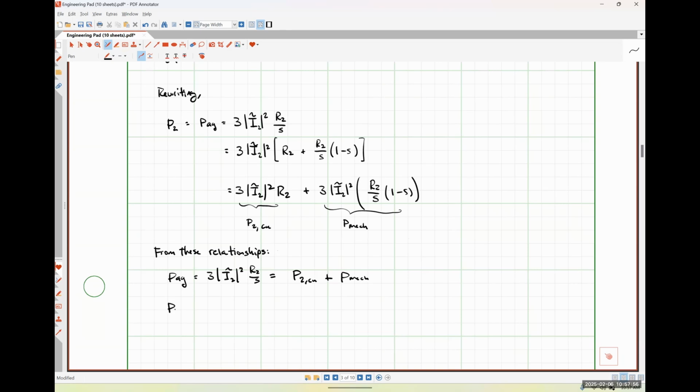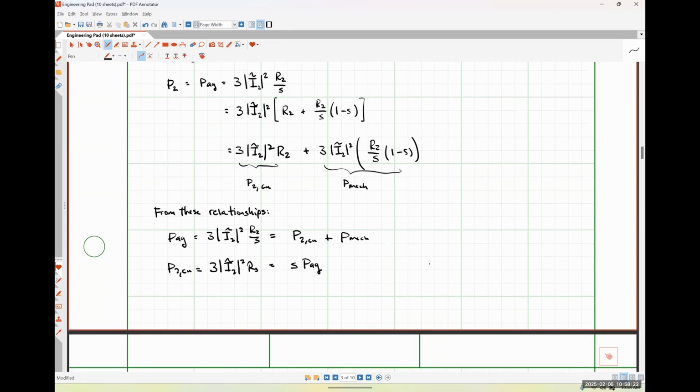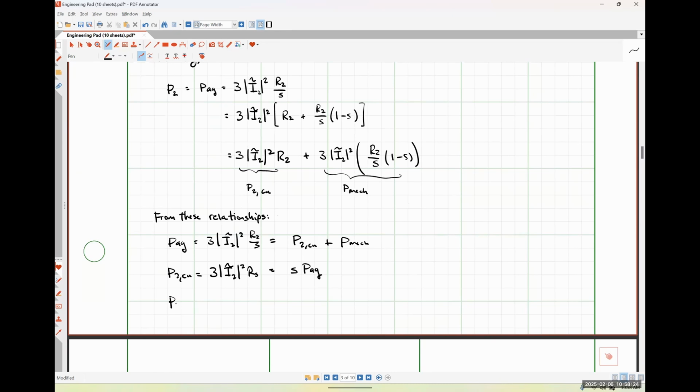Our copper losses can be written as 3 times the magnitude of I2 squared times R2. This is nothing more than S multiplied by our air gap power. So if we know our air gap power and we know our slip, we automatically know what losses we're seeing in our rotor windings.